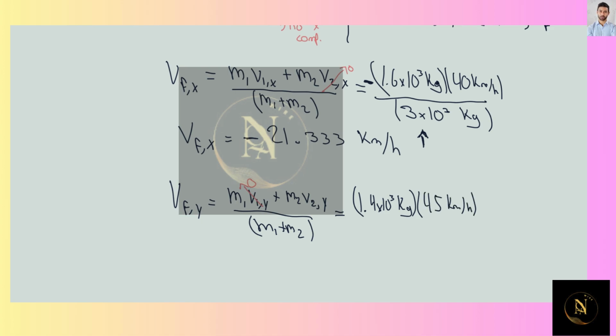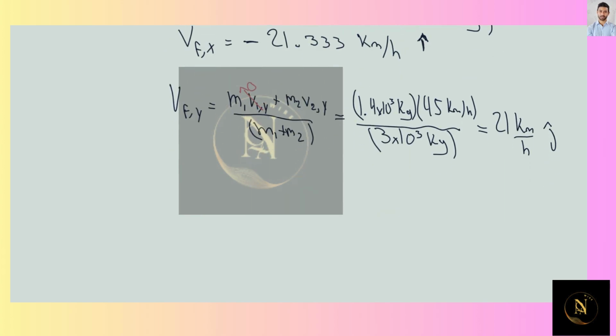In this case, it is on the positive y-axis, so we don't need to add any sign, divided by 3 times 10 to the 3 kilograms. So we end up with 21 kilometers per hour on the y-axis.